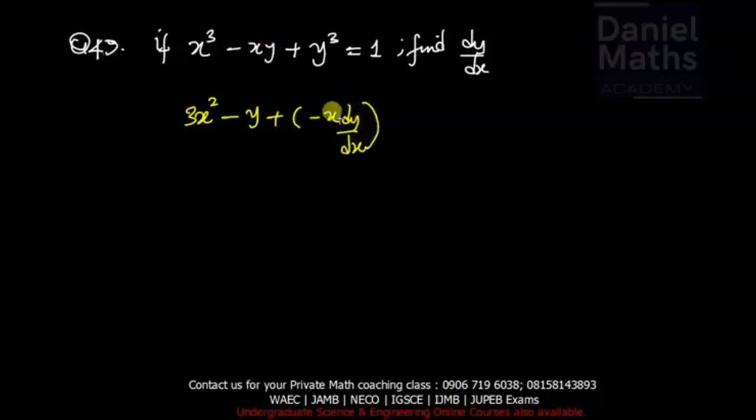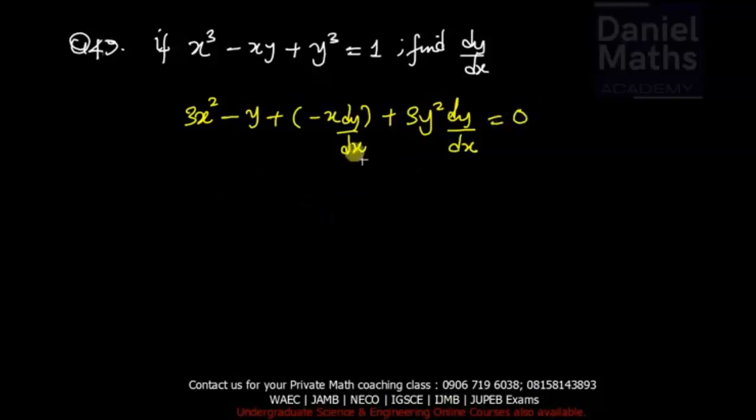Remember to always put the dy/dx on this particular term. Then I go over again here. This will give me 3y raised to the power 2, also with dy/dx, and all of this is equal to 0. Take note of that. So this is what I have.